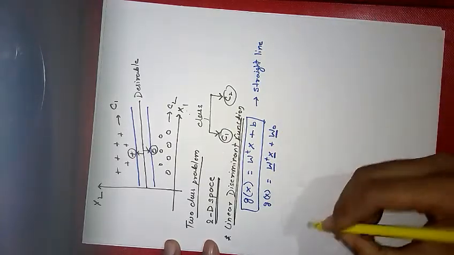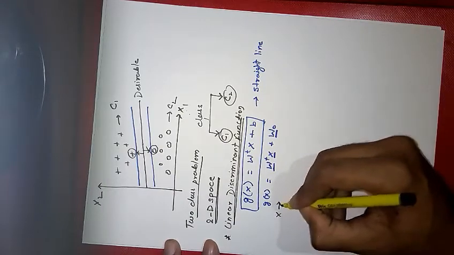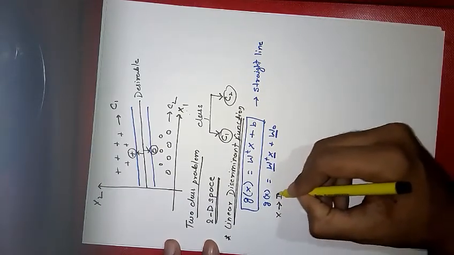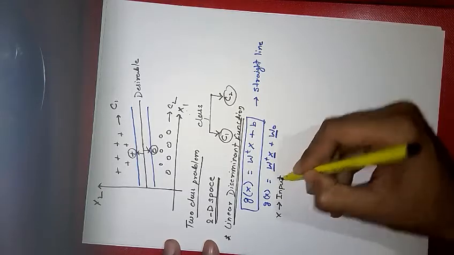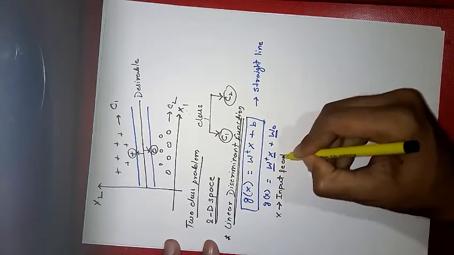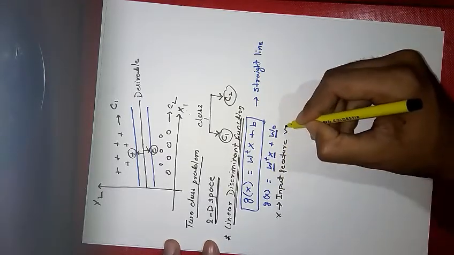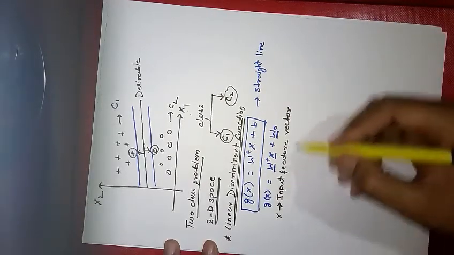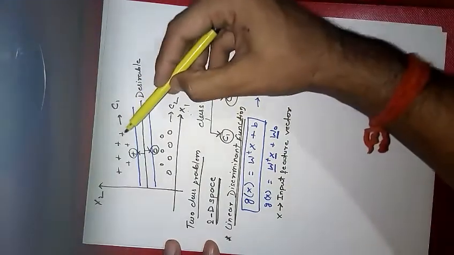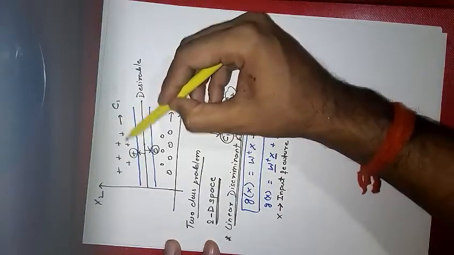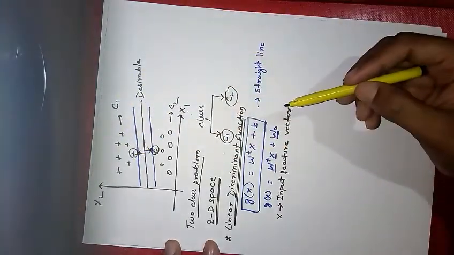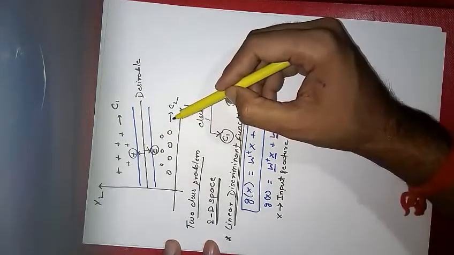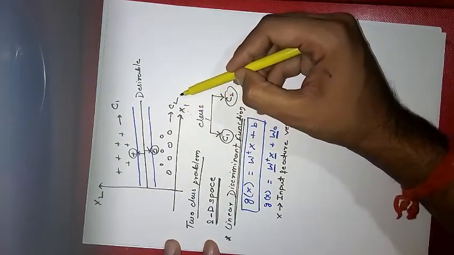So x is the input feature vector. The input feature vectors can be of class C1, these are the input feature vectors, and they can be of class C2.